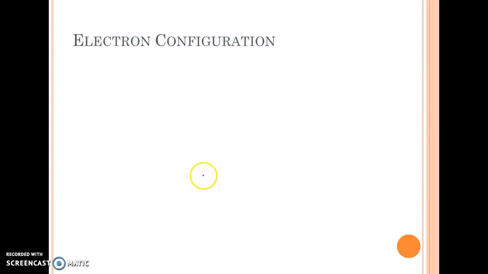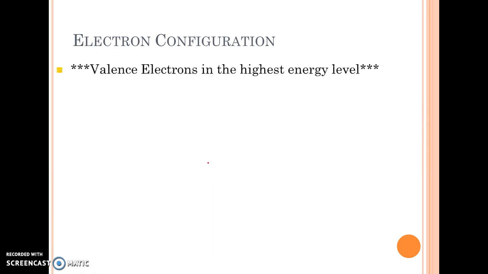Alright, so we're going to move on and talk about electron configuration. We talked about electron configuration in Unit 3, when we talked about S, P, D, and F block elements. So we're going to elaborate a little bit more on that and focus particularly on valence electrons.